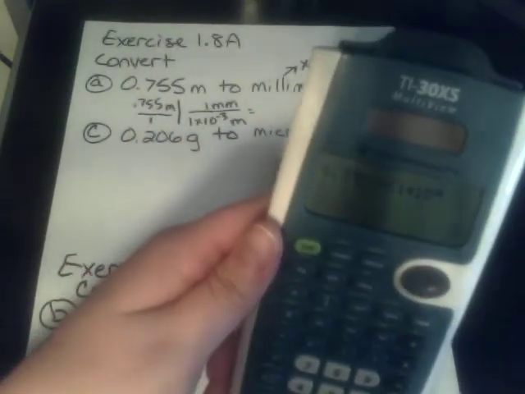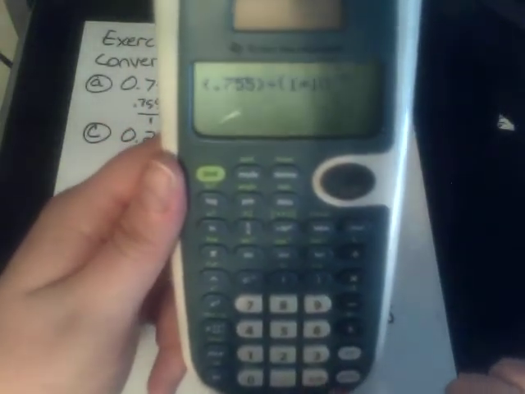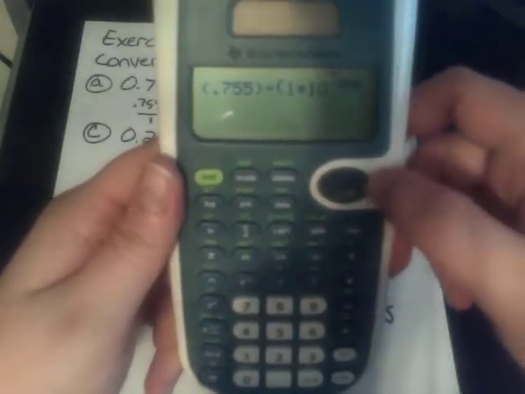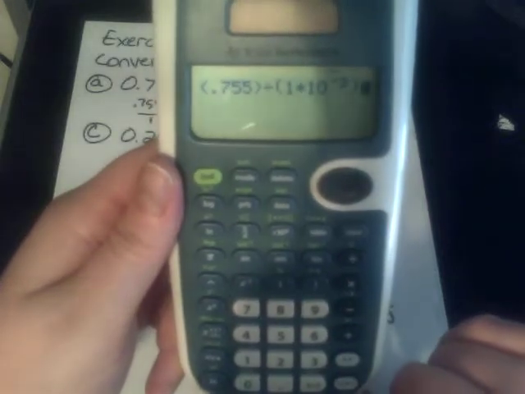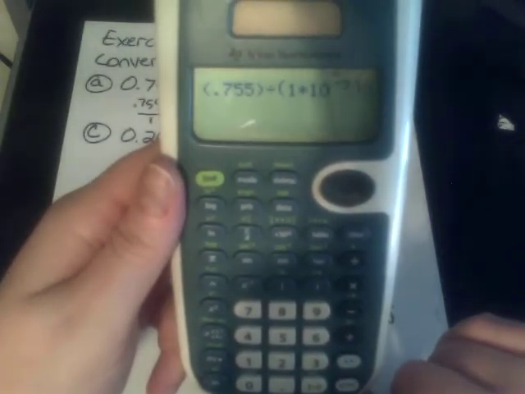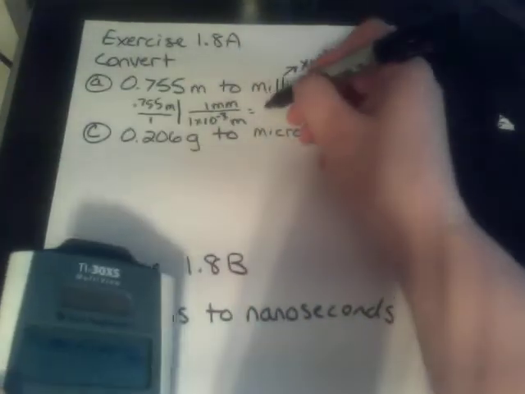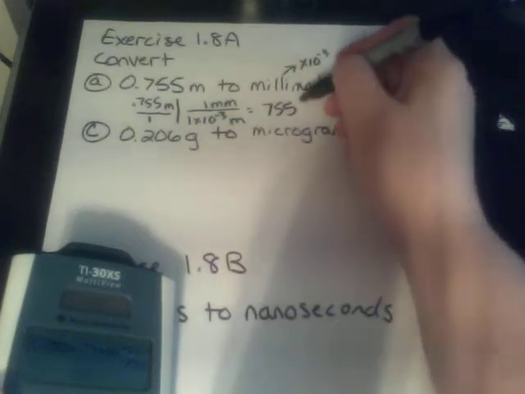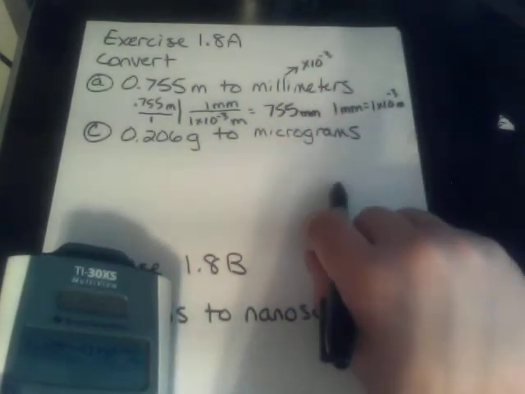So it's times 10 to the, and then the negative, not minus sign, but negative 3. And you see how my cursor is still at the top? I'm going to hit an arrow to the right, bring that cursor down, and my parentheses. Hit enter, I get 755. And the units here are little m, millimeter.